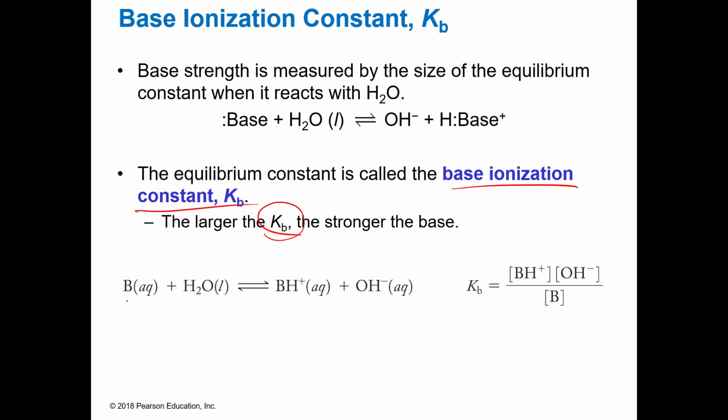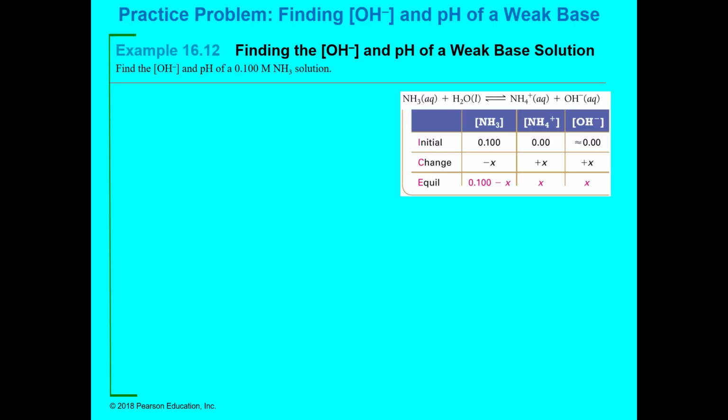And so if I have a base plus water, it's going to ionize and accept the hydrogen and form an OH minus because it's a base. And the Kb will be equal to the BH plus times the OH minus divided by the original concentration of the base. This is exactly like the acids. It's just you use a base and a Kb instead of a Ka.